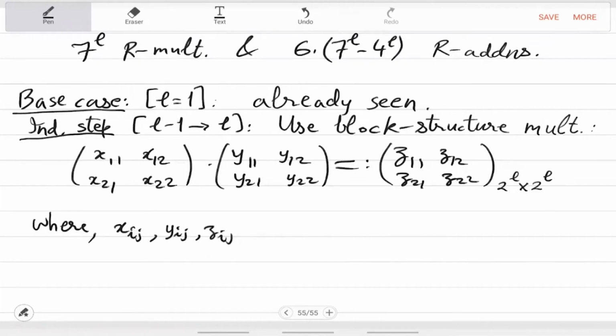So these are 2 raised to L minus 1 cross 2 raised to L minus 1 matrices. So there are two things. One is when you have to multiply xik with ykj, that multiplication you will do recursively.